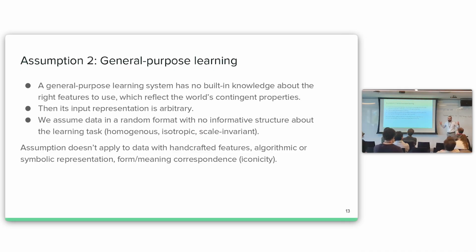If we don't have any handcrafted knowledge about the right representation to use to solve the problem, then the input representation we use could be anything. So we're going to reflect this assumption by assuming the data has a random format with no informative structure about the learning task. So it's homogeneous, isotropic, and in fact, it will be scale invariant for this model.